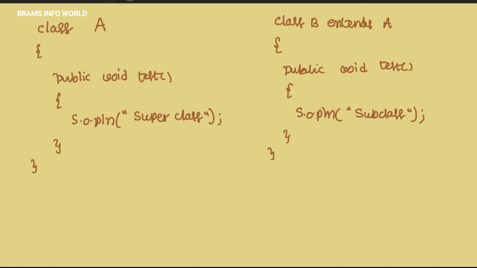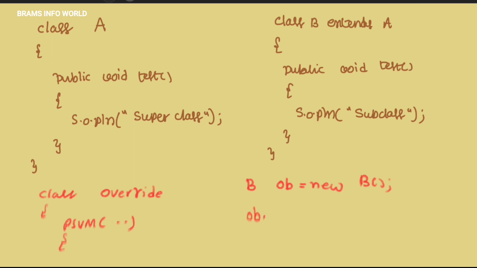Okay, so this is our method, and I'm going to define the main method. public static void main(String args). I'm creating an object for B: B ob = new B(), and I'm going to call ob.test. You can name it anything, A, B, C, anything.